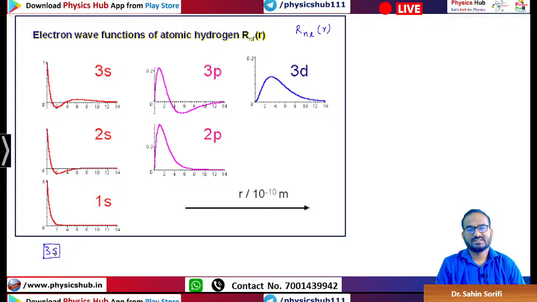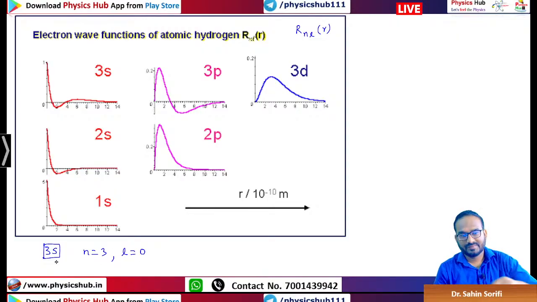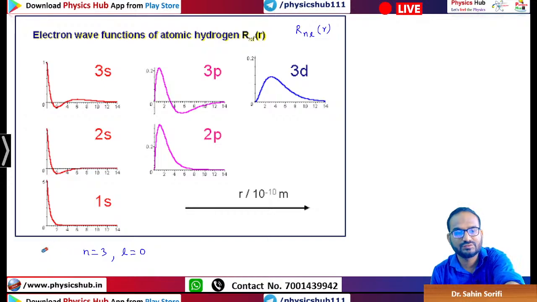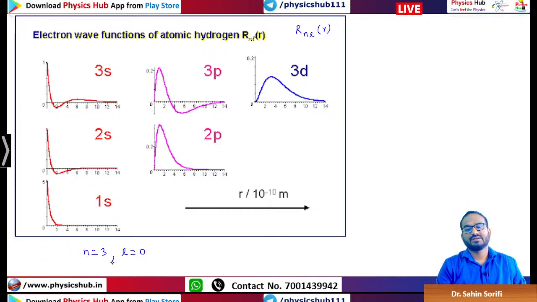The 3 is the principal quantum number, n equals 3, and s corresponds to L equals 0. If n equals 3, how many values of L will you get? 0 to n minus 1, so 0, 1, 2.